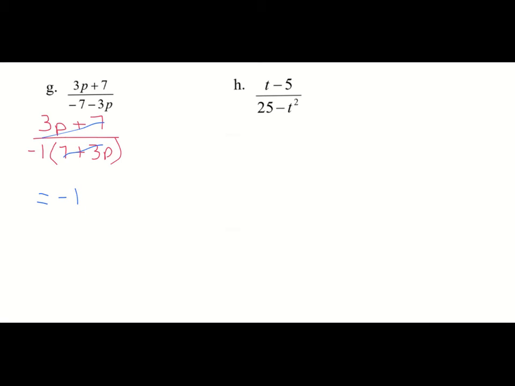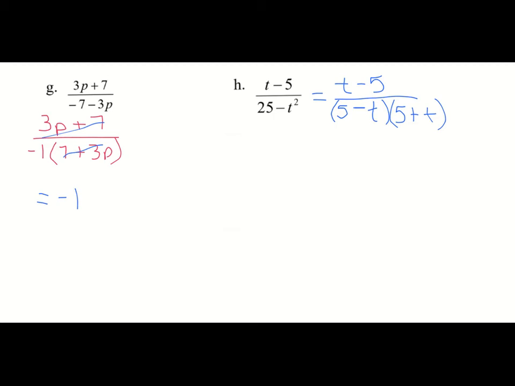All right, let's look at our last one here. So we have t minus 5 over 25 minus t squared. So the t minus 5 is factored. I know the bottom I can factor to difference of perfect squares. So 5 minus t times 5 plus t.